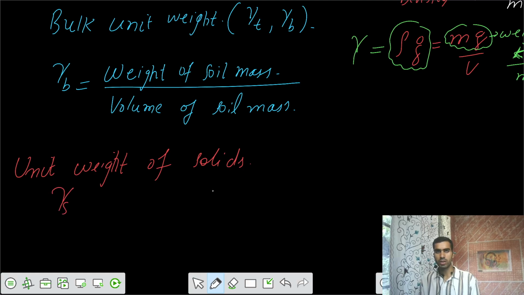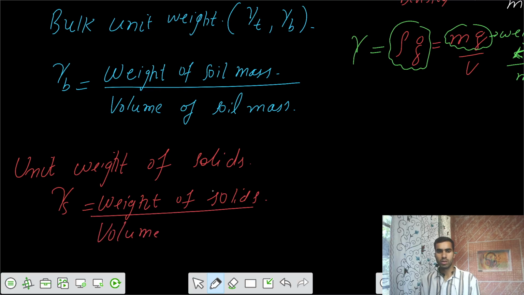Whenever there is an s, that means it's related to solids only. So I can write the weight of the soil solids divided by the volume of the solids. We are talking about soil, so we ignore the voids and take the weight of the solids by the volume of the solids only.